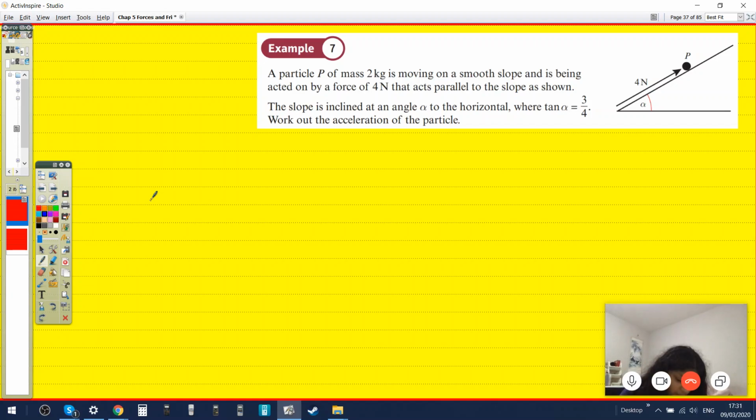You know these questions where it gives you what tan alpha or sine alpha or cos alpha is? Why is it wrong when you reverse it and find the angle? Why are you not able to do that? It's not necessarily wrong. It's just not as exact. Tan alpha is exactly 3/4.